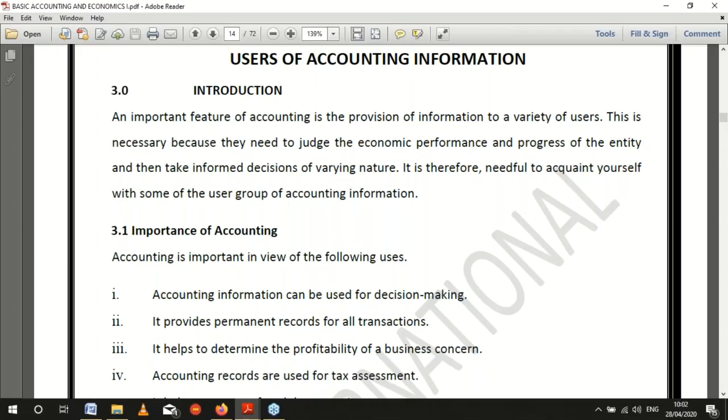It also holds that subsequent to acquisition, costs and values are retained throughout the accounting process. Simply put, assets are normally shown at cost price.